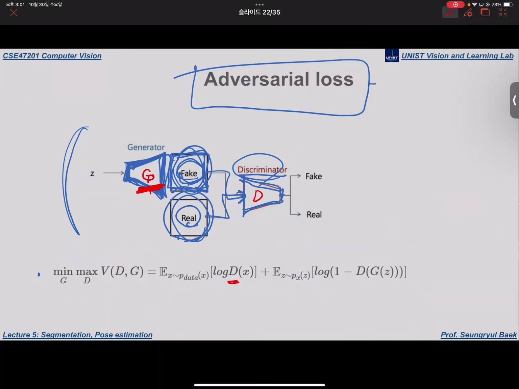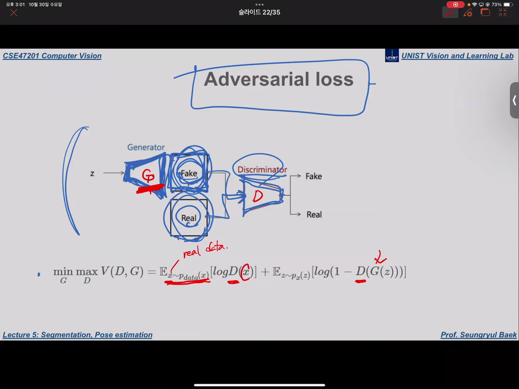There are D here and D here, but we will regard this G as the constant now, okay? And this X is denoting the real data, okay? So P data means the real data distribution. So this means X is following the real data distribution, so X is coming from the real data, okay?